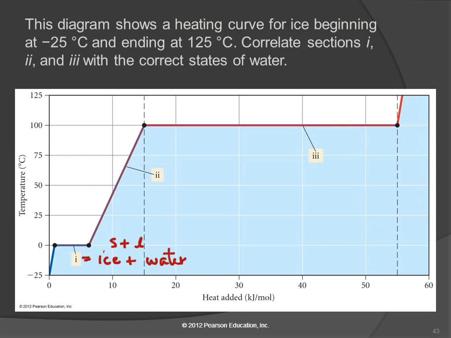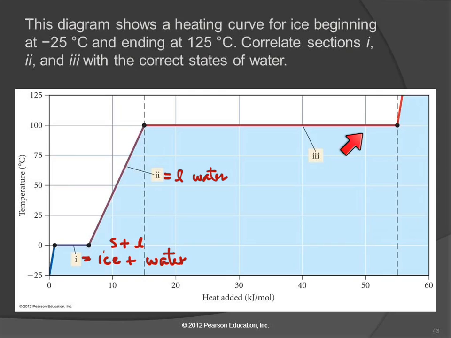And then this next section, what is the state of H2O here? It's a liquid, because that represents the liquid warming up. So this is liquid water. Then we get to this section up here, what's happening?